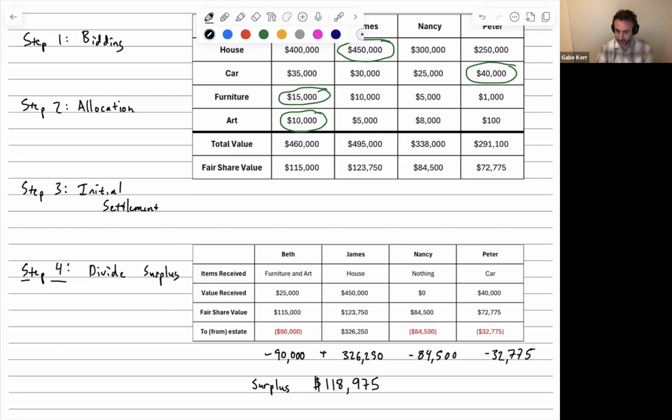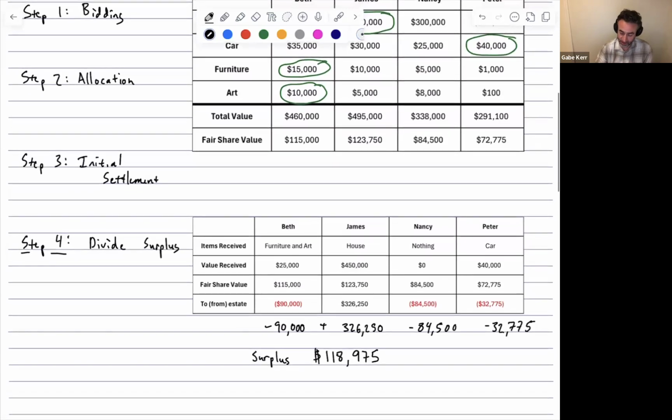And the estate doesn't get to go home and spend that money on its own. It has to divide things up equally. So the idea is the estate would then take that surplus and divide it by 4. So the surplus division per player will be exactly this divided by 4, which comes to $29,744.